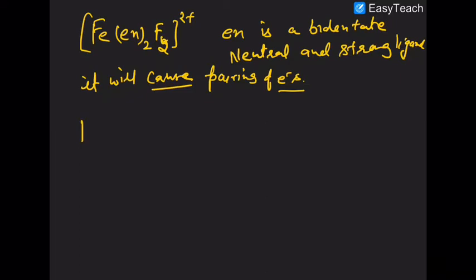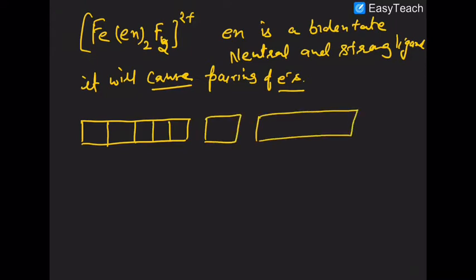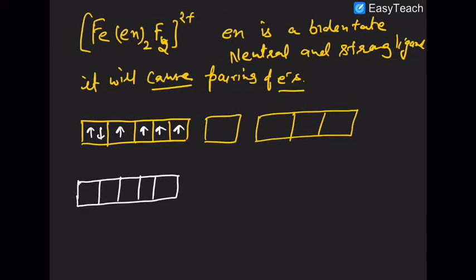So what will happen here now? Here also the 3d orbital has 6 electrons, 1, 2, 3, 4, 5, 6. But what will happen here? En is a strong ligand, so what will it do? It will cause pairing of the electrons. So the electrons get paired up.